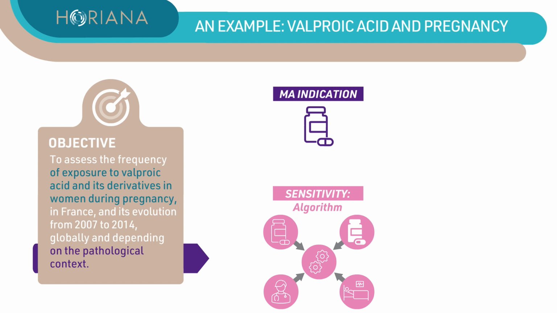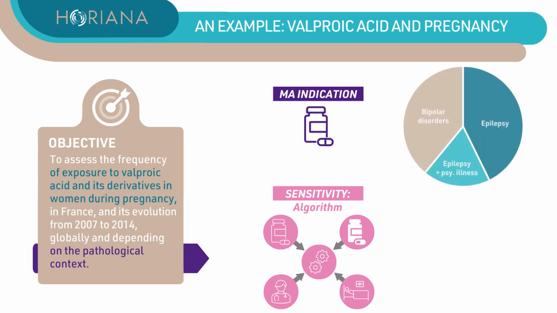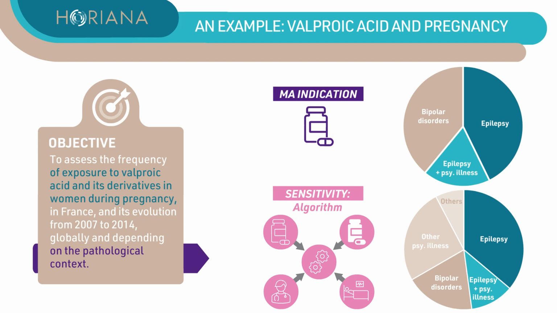Sensitivity analyses were also performed by defining the pathological context of prescribing based on algorithms, taking into account the reasons for long-term conditions and hospitalization, drug prescriptions, etc. Regardless of the algorithm used, valproic acid was dispensed in half of the cases in a pathological context of epilepsy and the other half in a pathological context of bipolar disorder or psychiatric diseases. The result is robust to the definition.